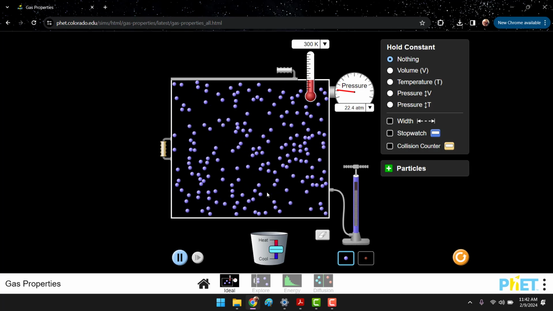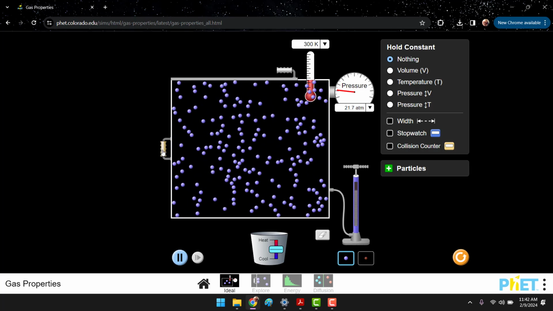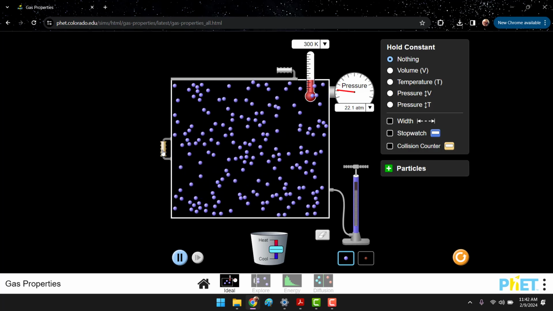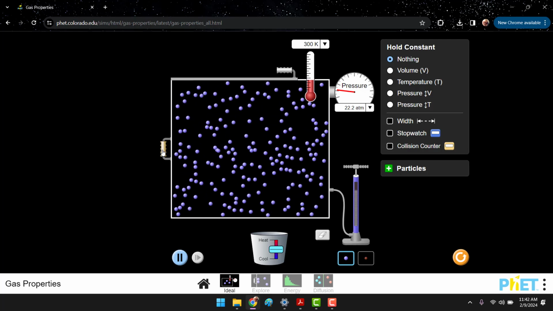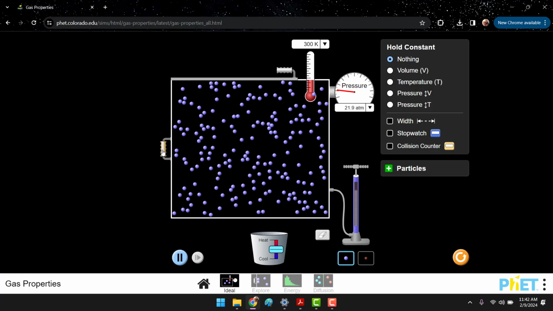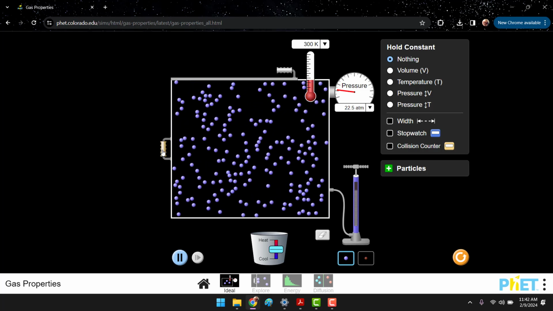So the first thing that I want to adjust here is my volume. I can take this handle and I can make the volume either larger or smaller. So let's give the gas particles more room to bounce around. Let's make it larger.